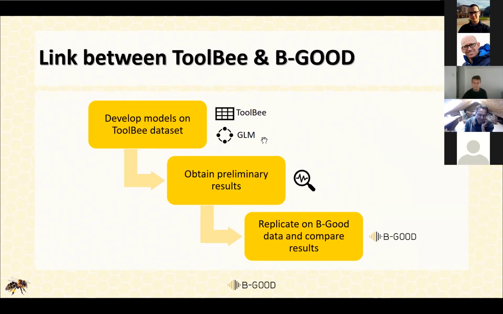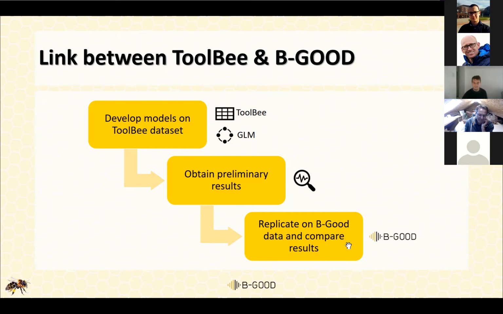So to link that with the B-Good project, the idea was to first develop models on the ToolB dataset in order to ask a good hypothesis and to develop the models properly, statistically. Then we want to obtain preliminary results, and these preliminary results will be compared to results from the same models on B-Good.